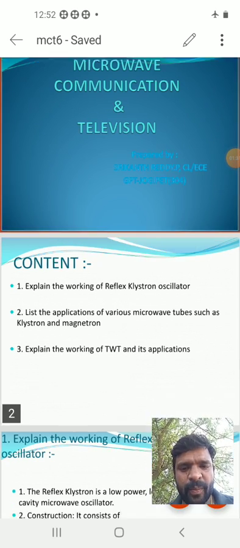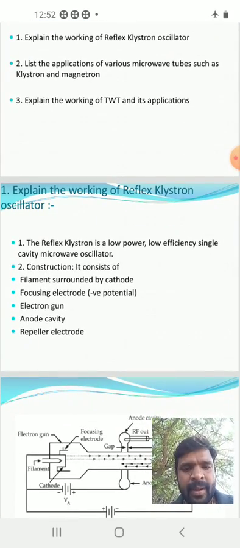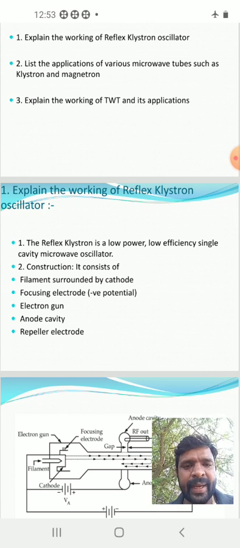The first topic is: explain the working of reflex Klystron oscillator.